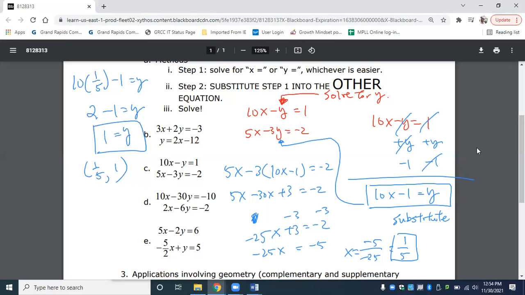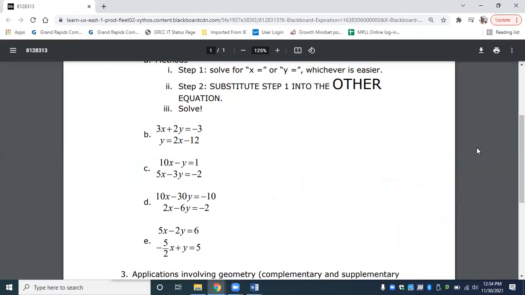Next problem. You have 10x minus 30y equals -10, and 2x minus 6y equals -2. Again, you're going to have to solve for x or y in this case. Just at a quick glance, I think I might take the second equation.